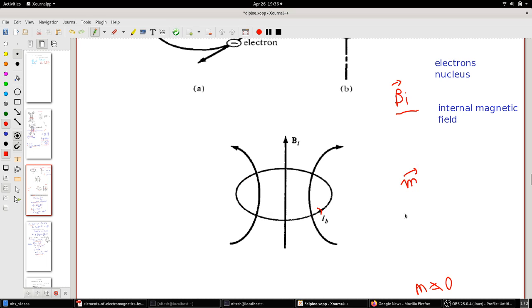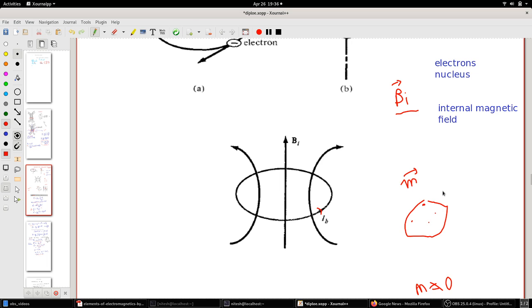Now assume a small volume with n atoms in it, and every atom has a nucleus with electrons rotating around it and spinning on its own axis.